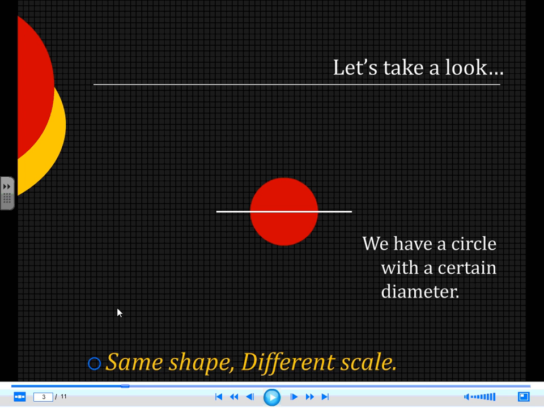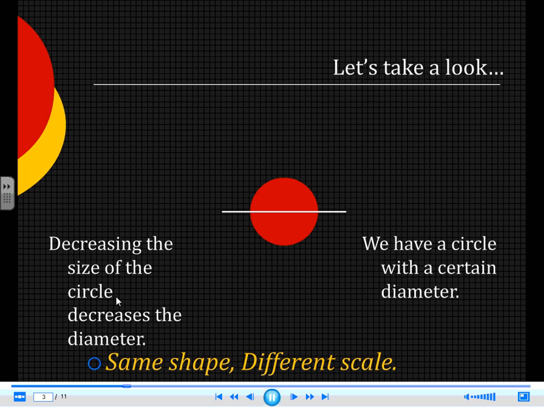It's just one of them is a miniature version of the other. Okay. Now, if we decrease the diameter, they will match the diameter of the new circle. And whatever the length was of the original circle, it should be proportional to the new picture. Okay?